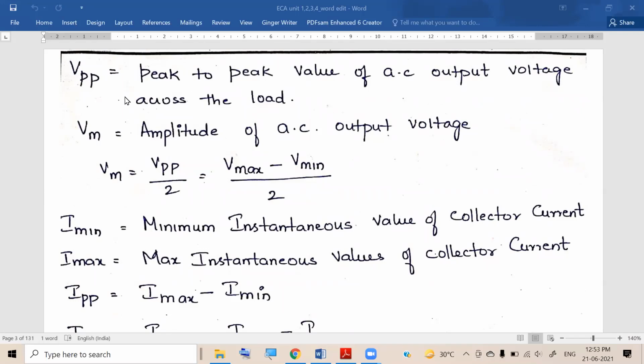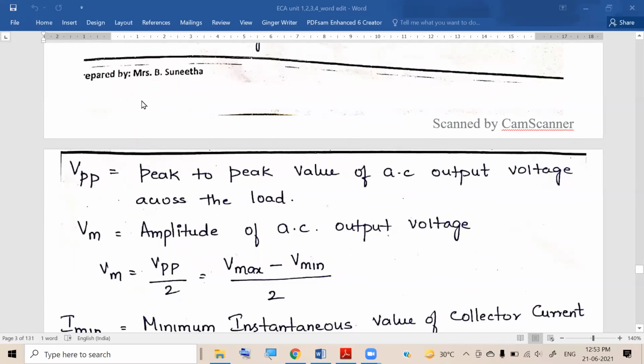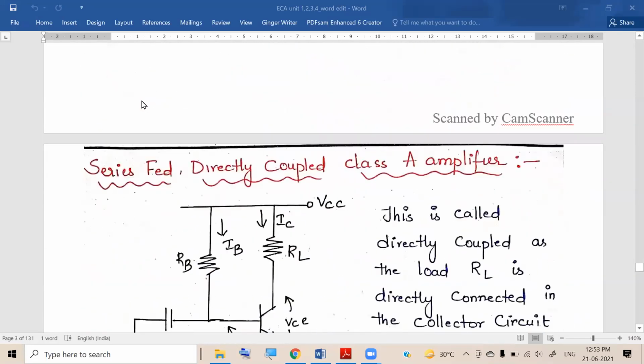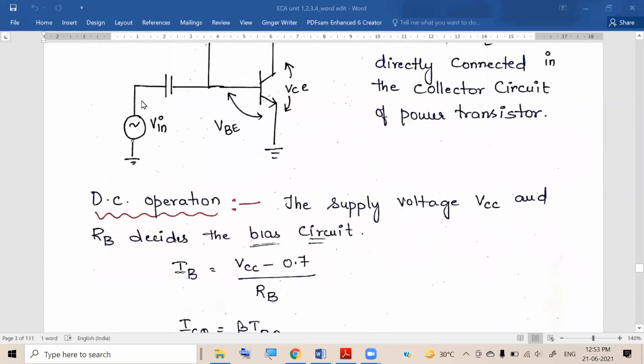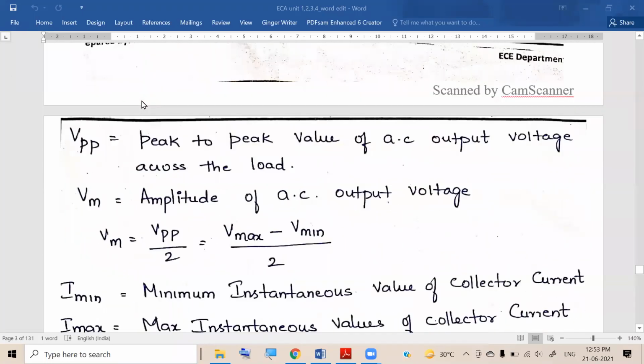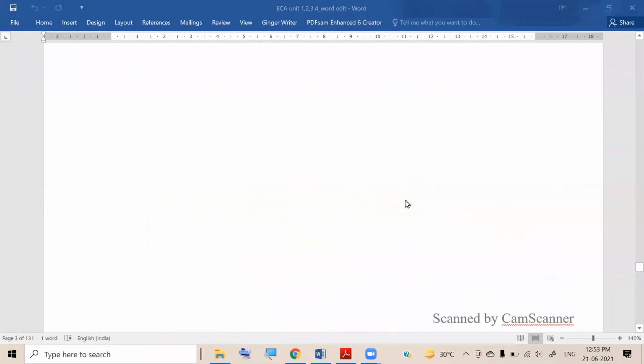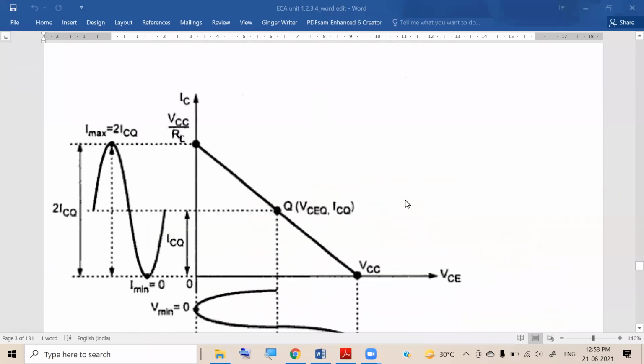There is another term called amplitude. Here you can see the amplitude of the AC output voltage. What do we mean by amplitude? It simply means from here to here, from this point to this point.